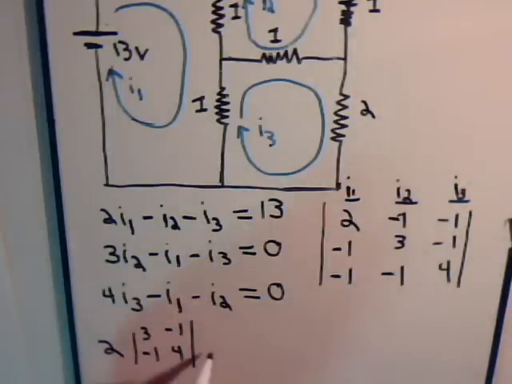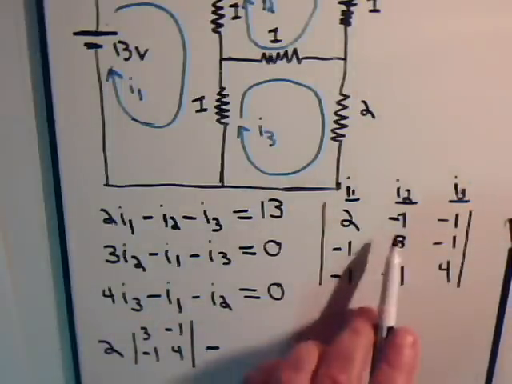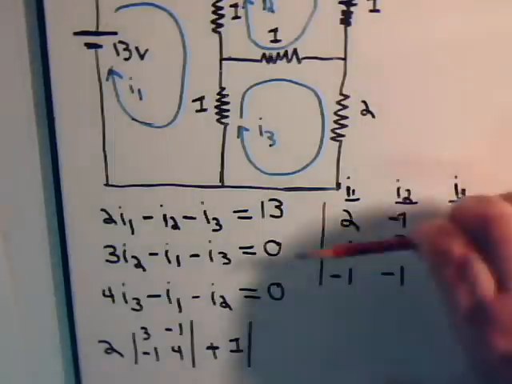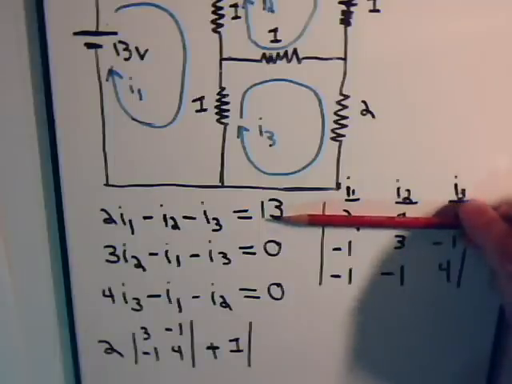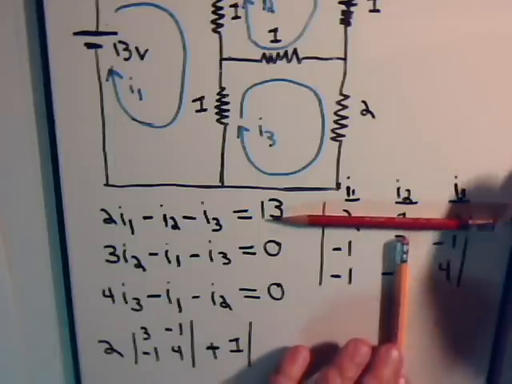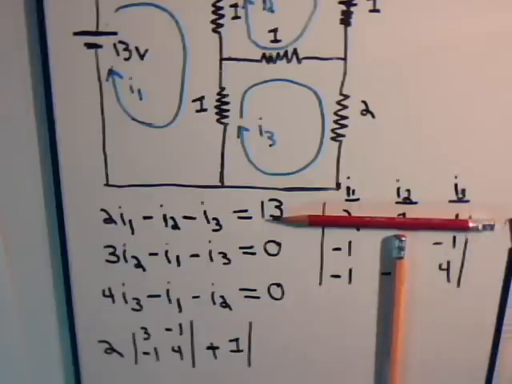Okay, then it's minus this number, which has a minus sign before it, so that's going to make this +1 times this subdeterminant. Cover up the row that this number appears in, and cover up the column that it appears in. And now we have this subdeterminant, -1, -1, -1, 4.